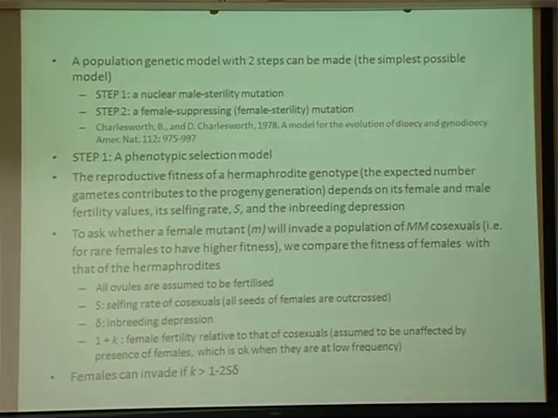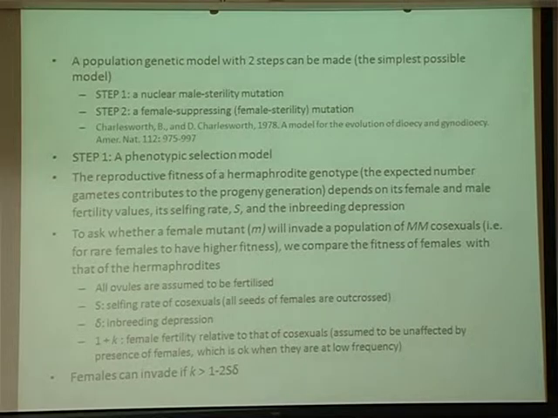We'll not worry about the possibility that pollen supply is limiting female fertility, although you could add that. We're going to have these symbols: selfing rate of the cosexuals, some inbreeding depression, and again, female fertility, because it has some resources freed up, it could be higher than the cosexuals, which have a more limited female fertility because some of their reproductive resources have to make their male parts.